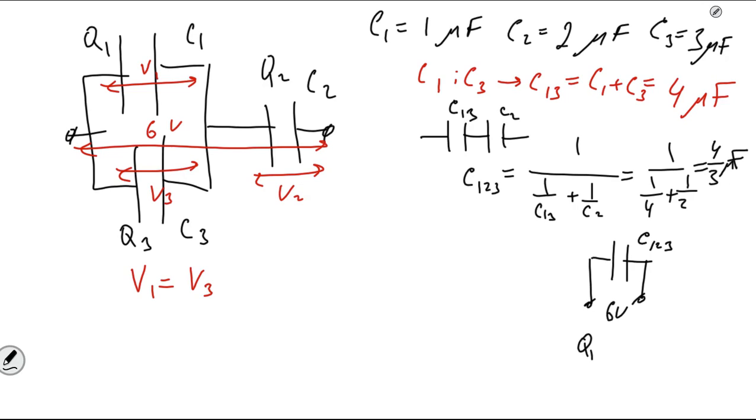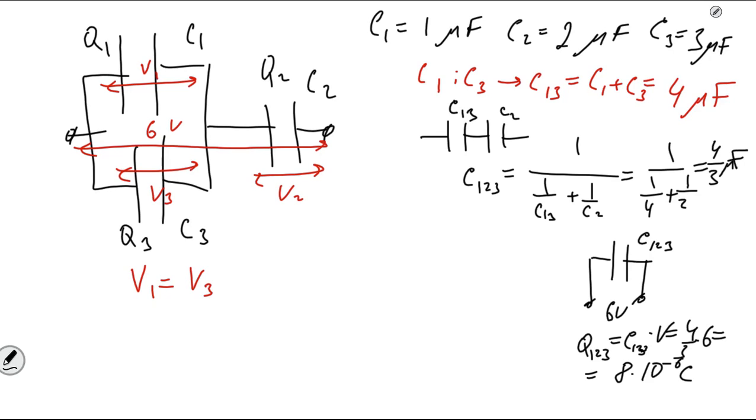Okay, and now we can use just one single capacitor C123 connected to this battery, 6 volts, and calculate this charge. Q123 equals C123 times voltage, so 4/3 times 6, 8, and from micro, 8 times 10 to the -6 coulombs. And now, what do we say?